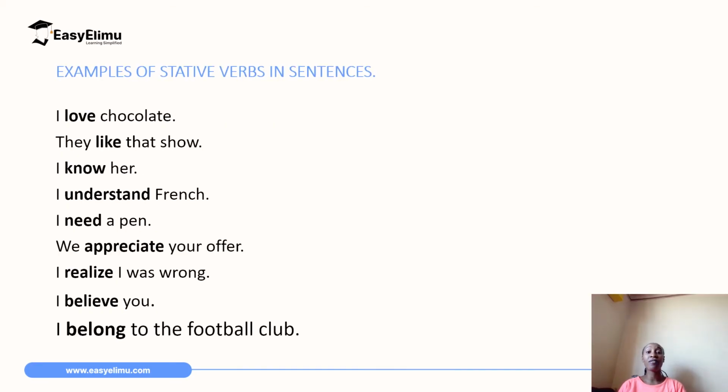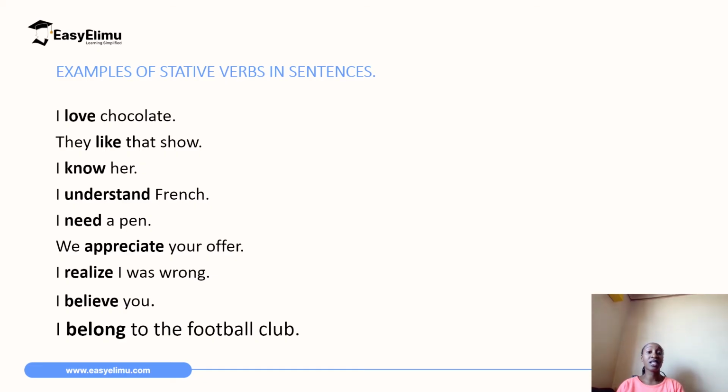So we can have a look at a few sentences. We are going to identify the stative verbs in these sentences. The first sentence, I love chocolate. Remember, we said if you want to identify the verb in a sentence, start by identifying the subject.